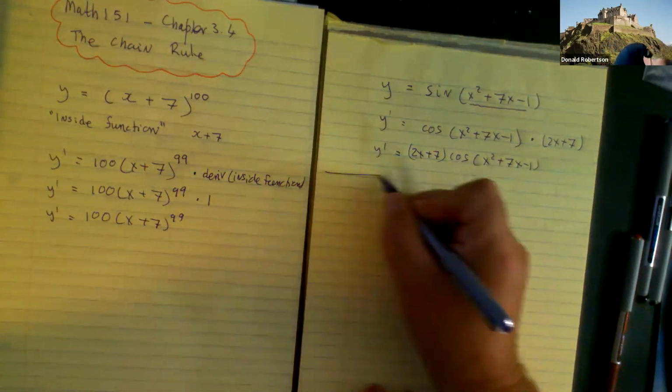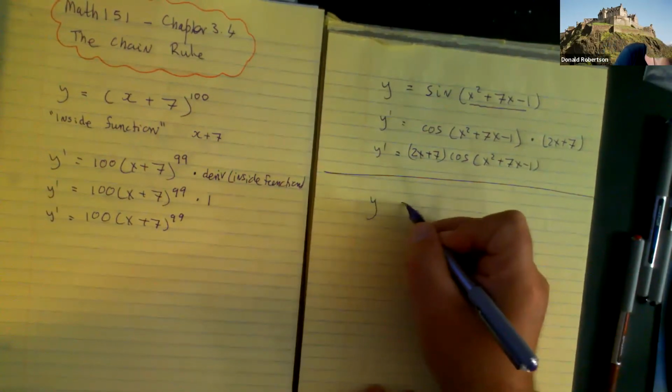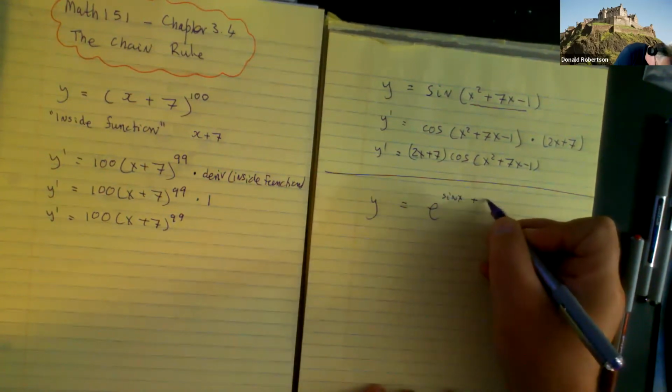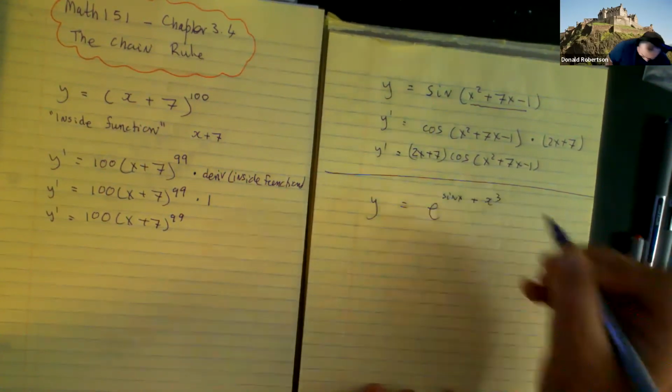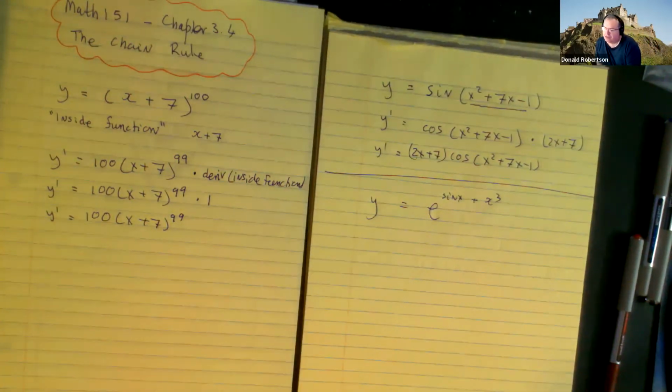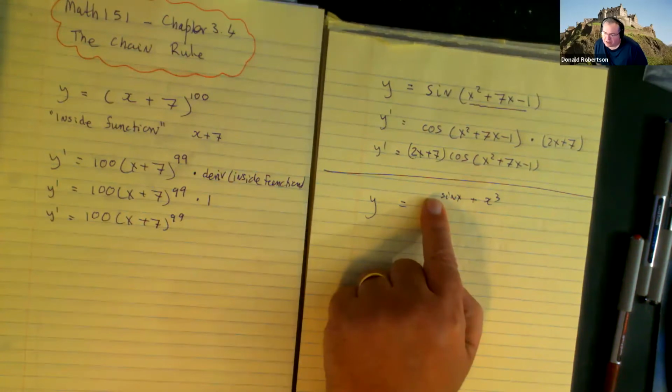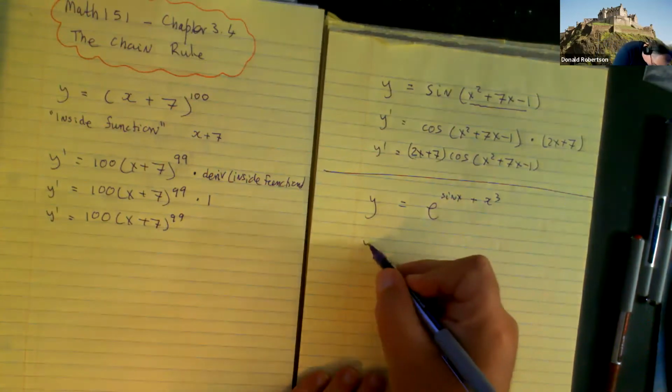Suppose I wanted to do e to the sine x plus x cubed. That's a pretty ugly looking exponential. Are you all comfortable that sine x plus x cubed is the inside function? So you want to differentiate this?